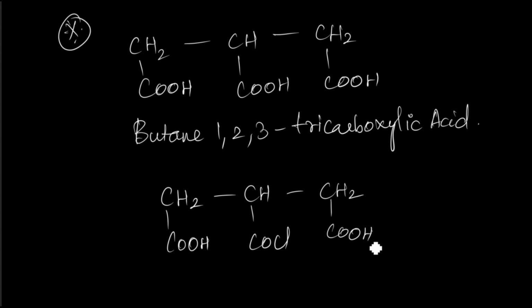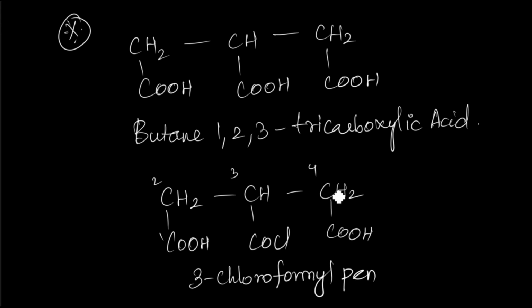How will you name this? Which takes more priority? Of course, the COOH groups take more priority. The name of this compound is 3-chloroformylpentane. Why pentane? Because we are counting over here.